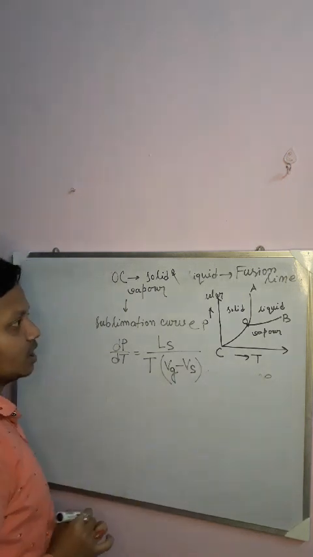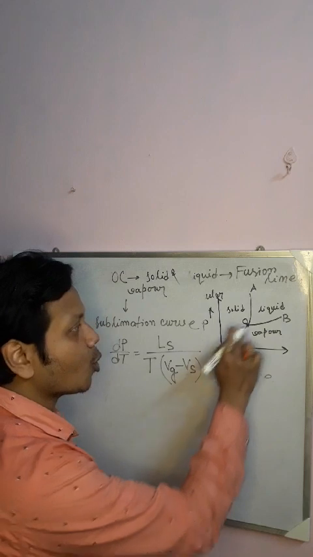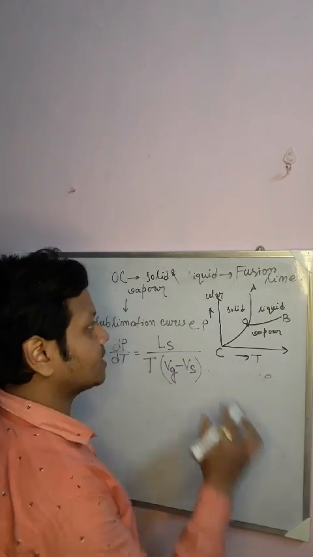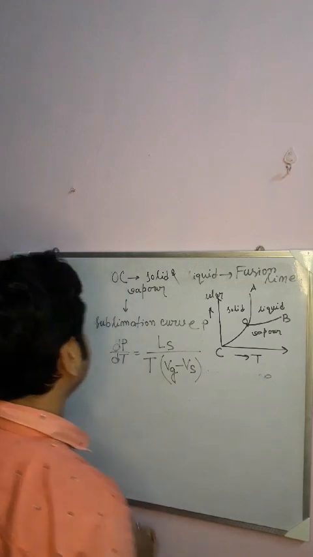Thus we see that O is the common point where all the three phases exist simultaneously for a particular pressure and temperature, and this is called the triple point.